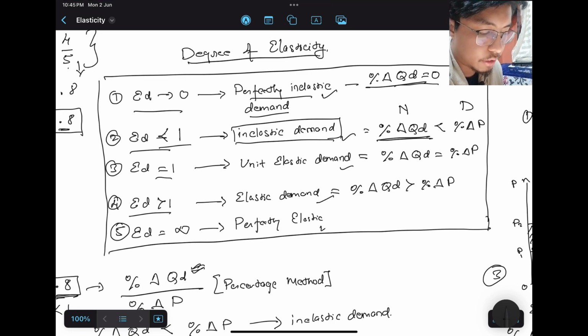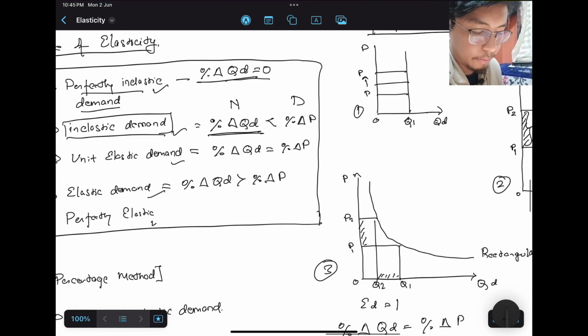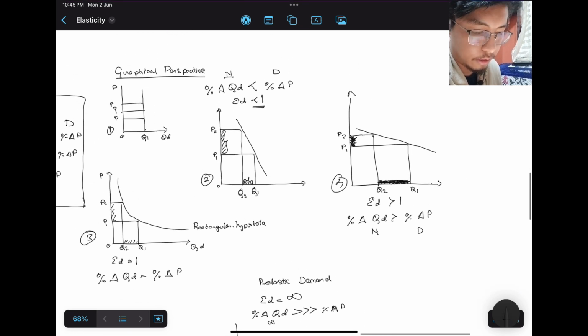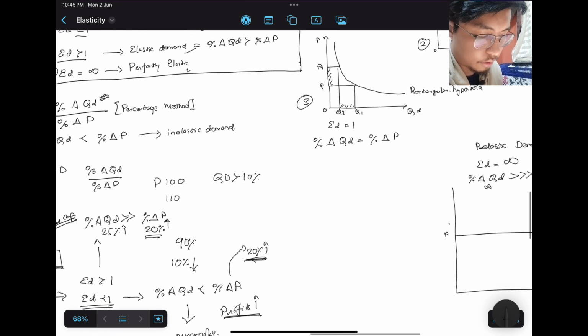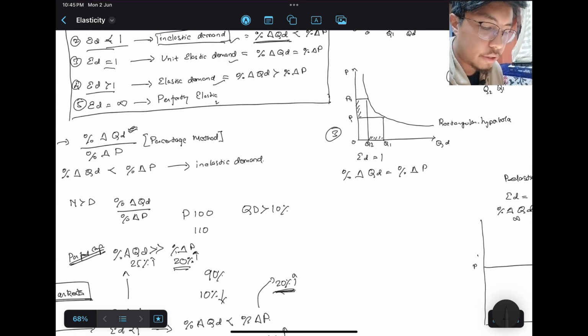Because we want to see whether it is elastic demand, right? And subsequently supply elasticity, there are different curves. Okay, why do we have to find the elasticity? Why are we so interested in elasticity?